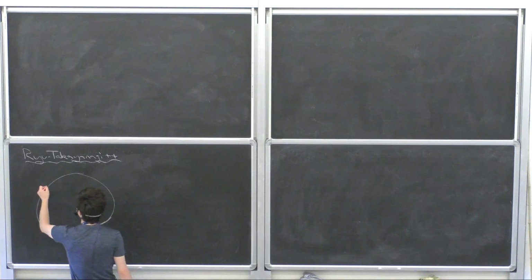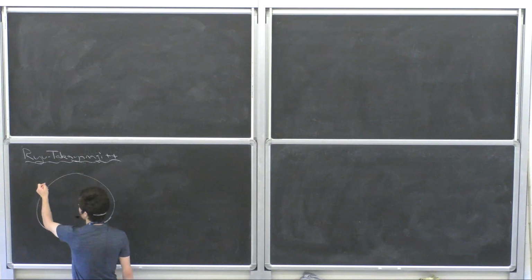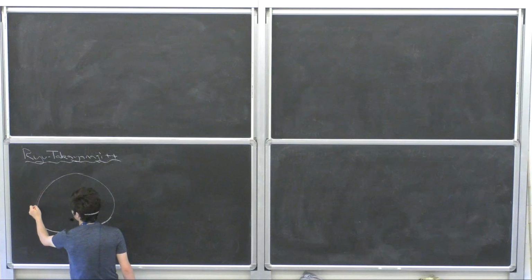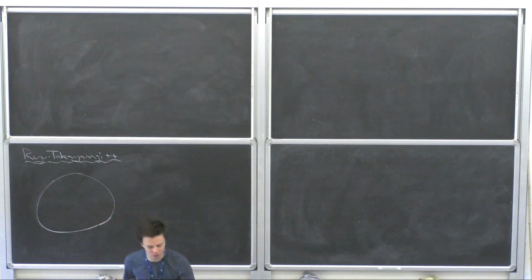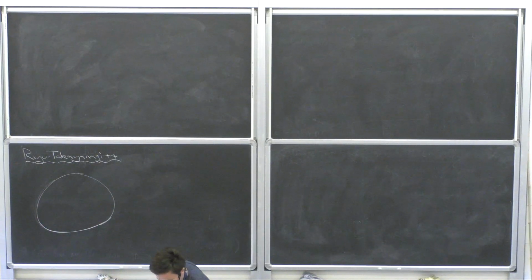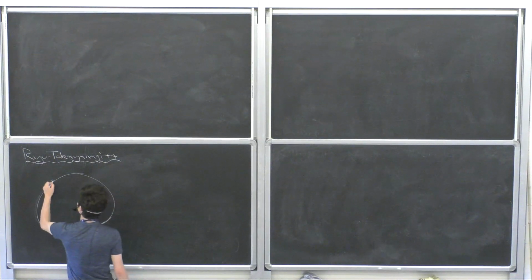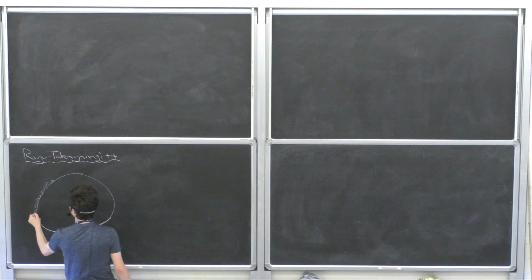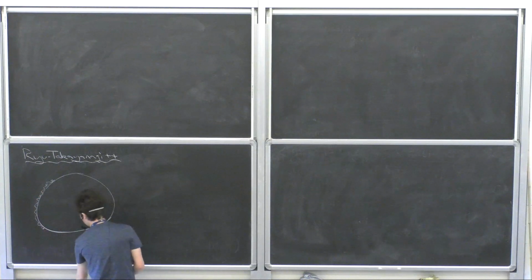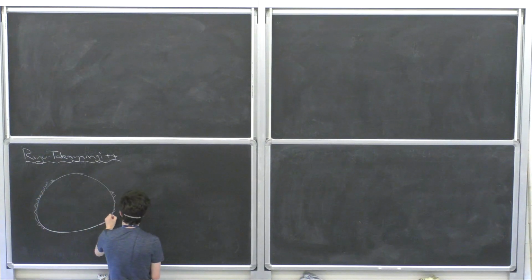So maybe in this CFT2/AdS3 example, we consider some region. It's a bit useless. Let's try blue. Some region here, maybe a bit over here as well.